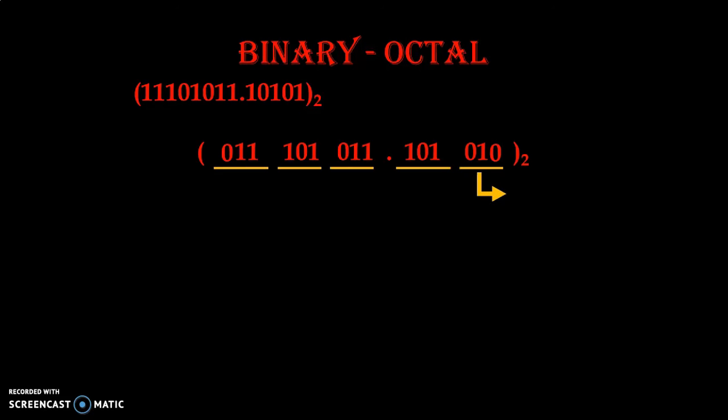Now we write individual binary groups of 3 bits, that is 010, then we have 101, and same way for the integer value, that is 011, 101, 011. Now the next step is very simple. We have to convert into equivalent decimal value, right? So 011, we should always remember 4 2 1 system.